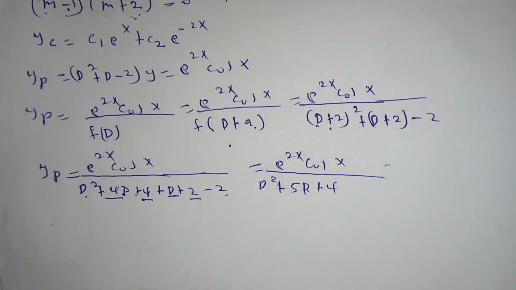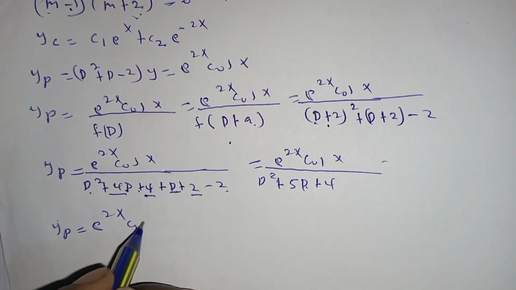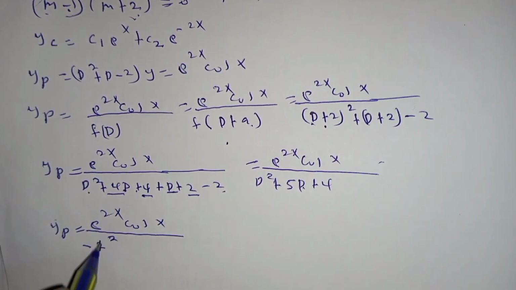So the next step, we note that y particular is equal to exponential 2x cos of x divided by minus 1 squared.